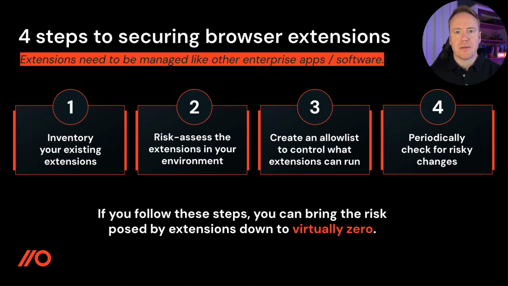And then we want to make some risk decisions, right? Assess the risk of those extensions in your environment based on some of those details, and I'll show you some of those in a moment.